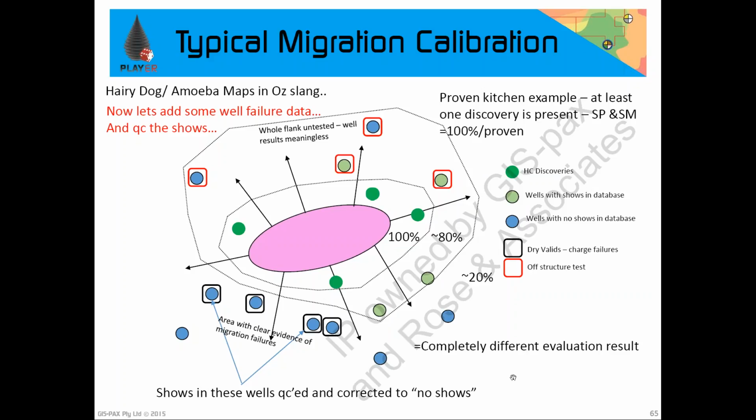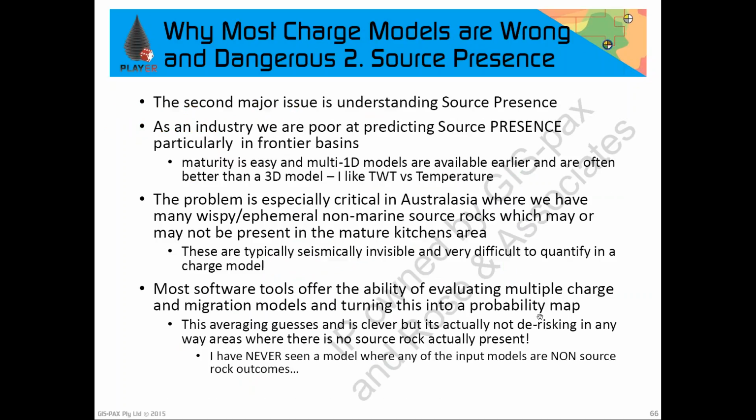So you need to incorporate a QC shows database and hydrocarbon database, and you need to understand why wells work and fail. And that is how you calibrate migration, and migration is an input into your charge models.